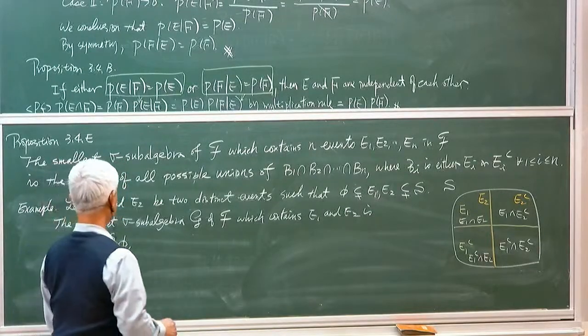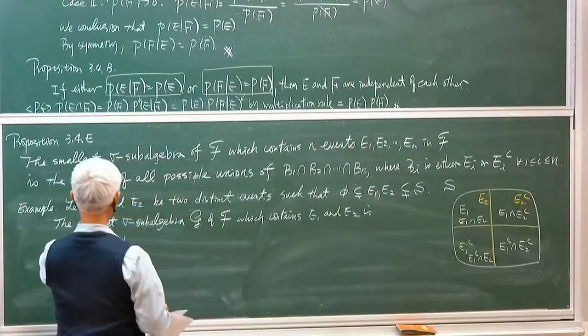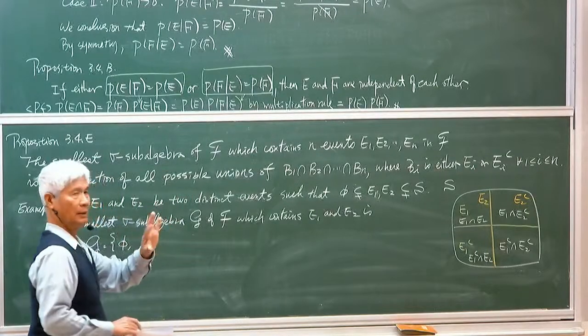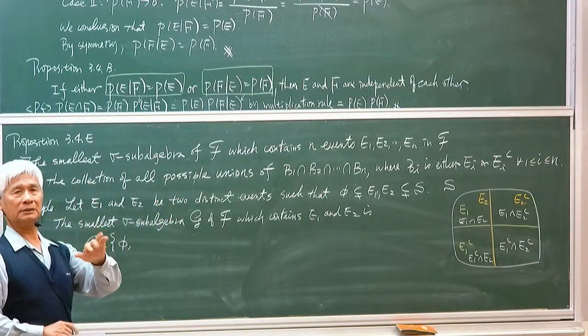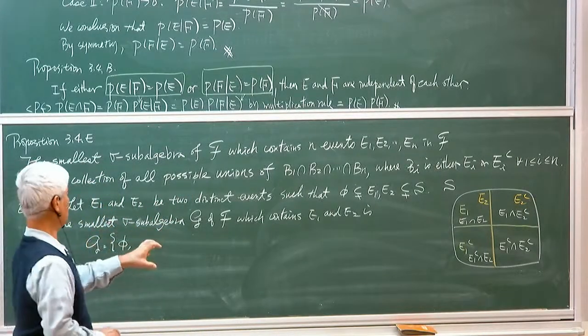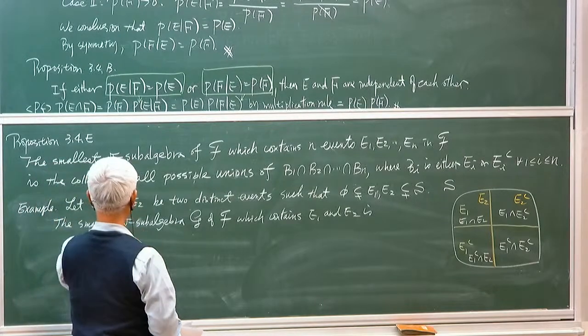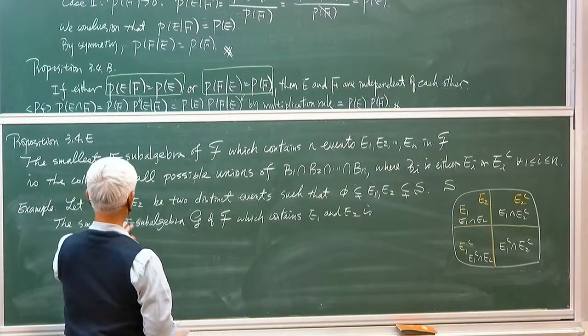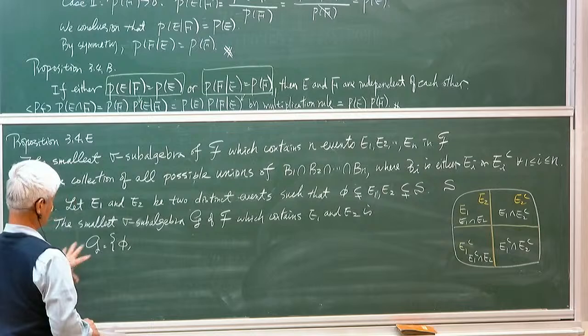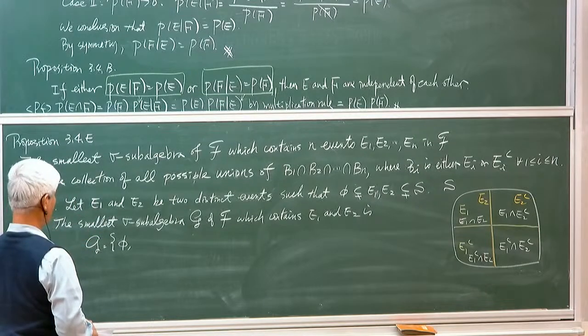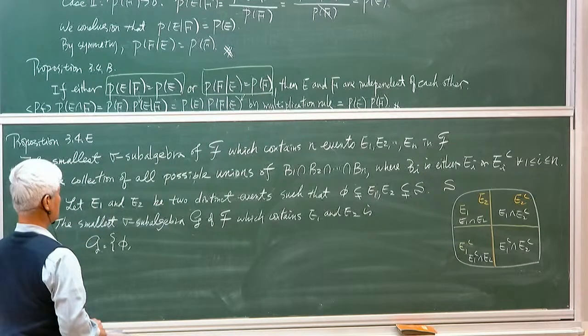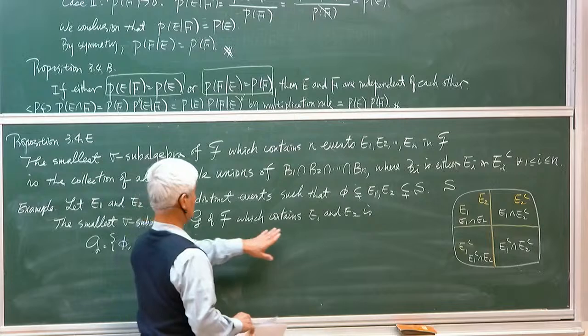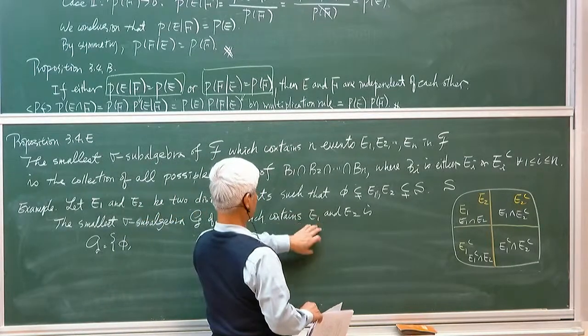We try to find the atomic events, the smallest, minimum events which are non-empty, created from E1 and E2.